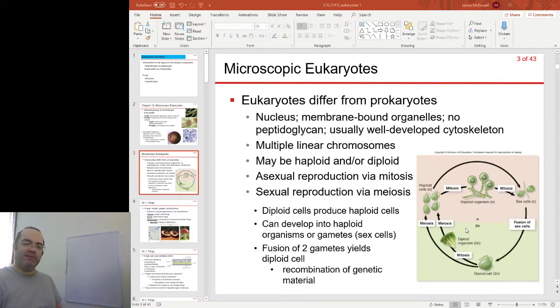So lots of different organisms have more complex life cycles than humans do. And some of those life cycles involve multiple stages. And sometimes you can have a haploid life cycle stage separate to the diploid life cycle stage. In the case of fungi, both of those stages can be multicellular, not just sex cells like we think of gametes.